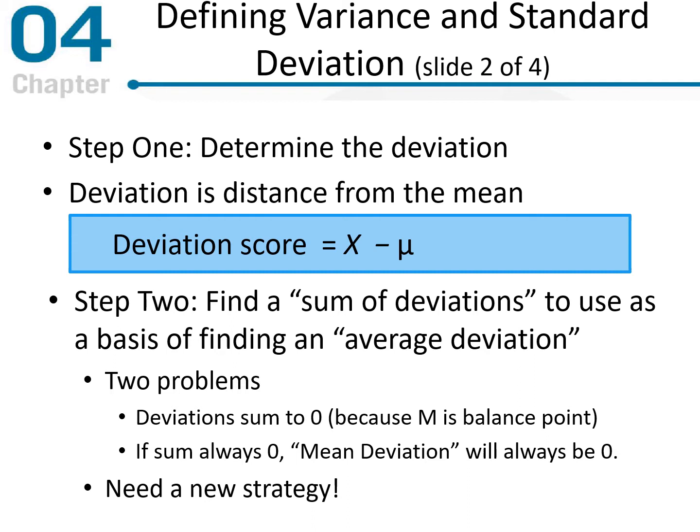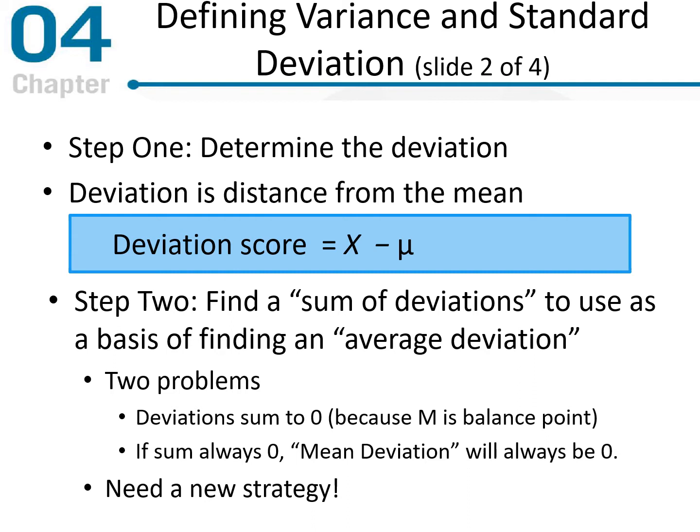And the reason is because these deviation scores must always sum to 0, because the mean is the balancing point. You saw the graphics of the mean as a fulcrum that balances the left and the right side. Well, what happens when you balance the left and the right side?